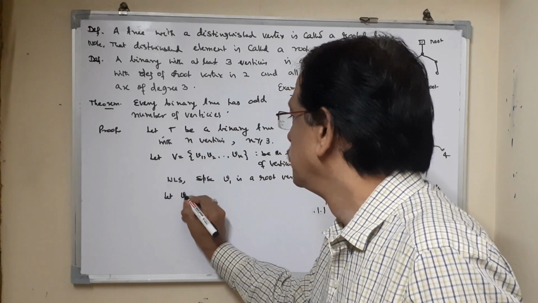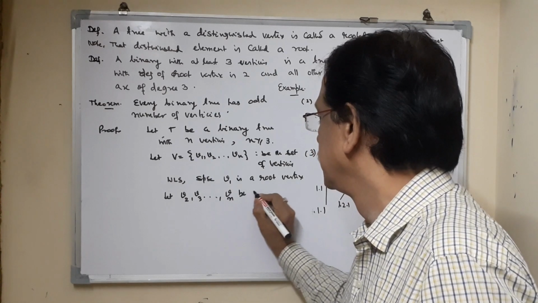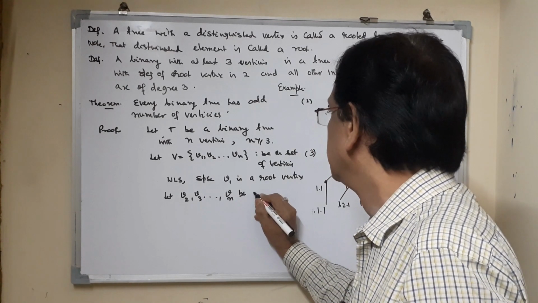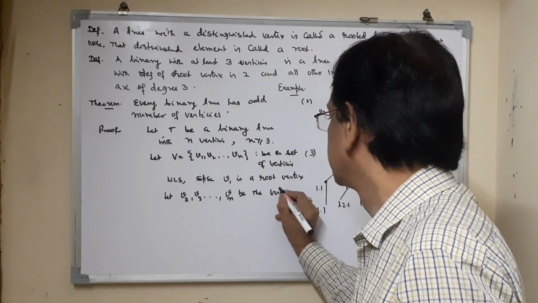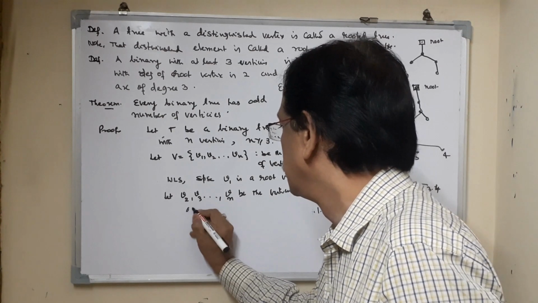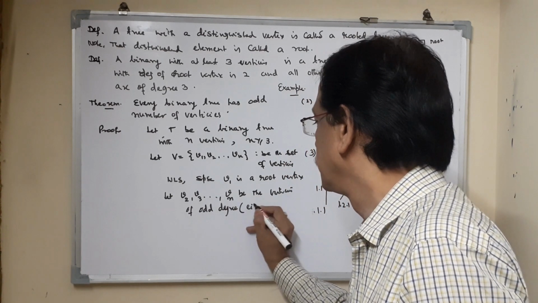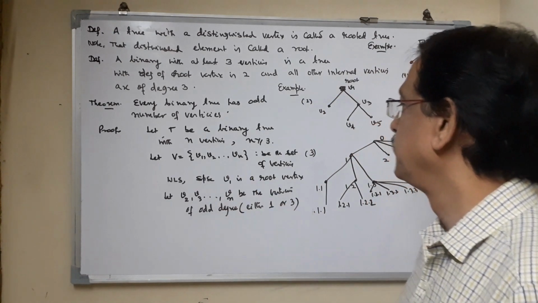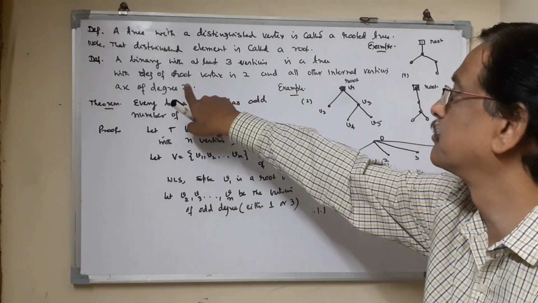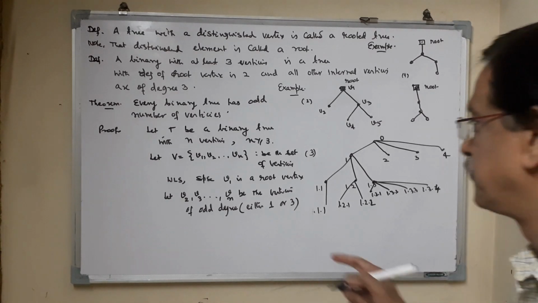Let V2, V3, up to Vn be the vertices of odd degree. That means either 1 or 3, because I am writing V1 as a root vertex, so by definition the root vertex is of degree 2, and the rest of the vertices are of odd degree.